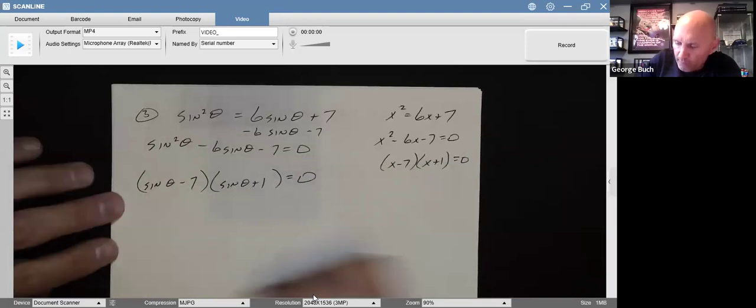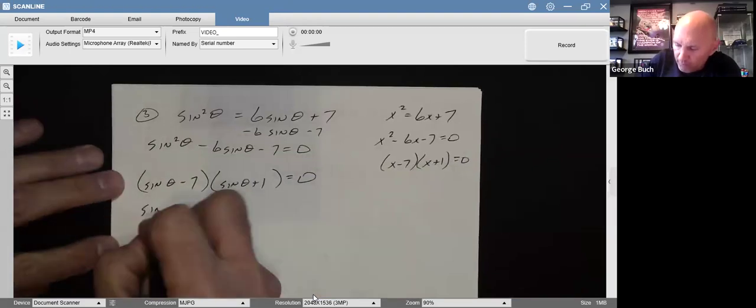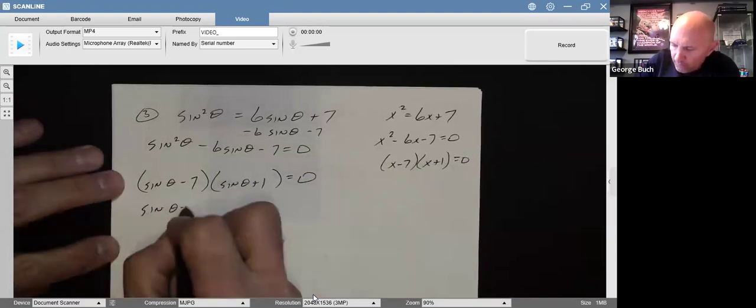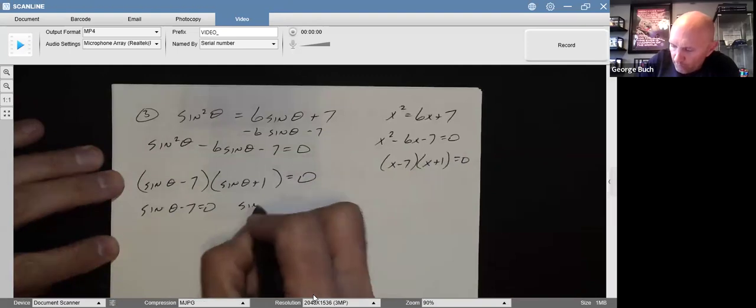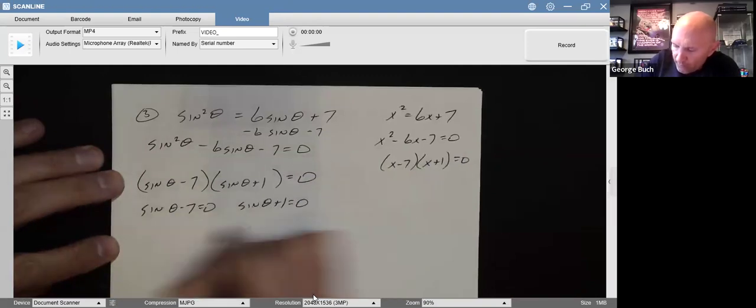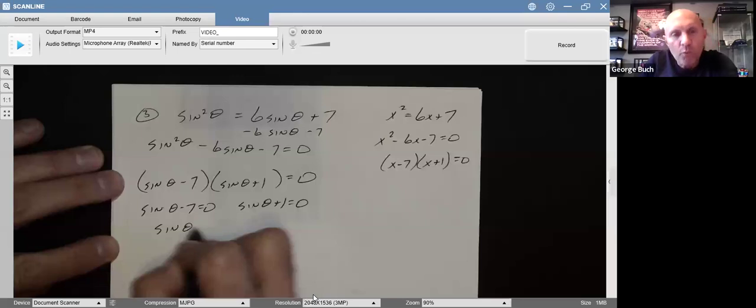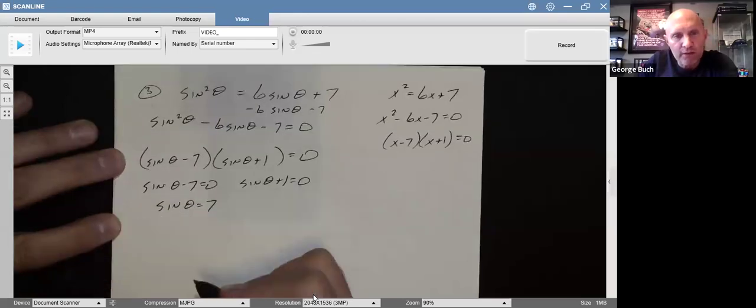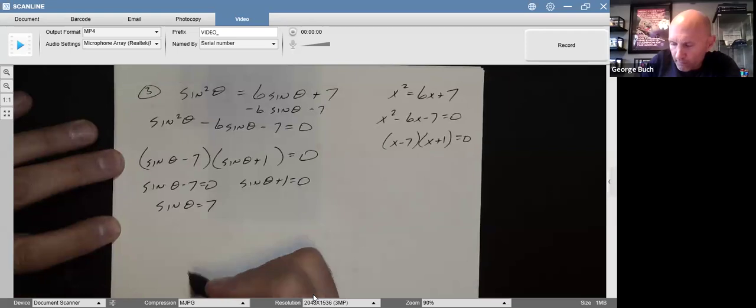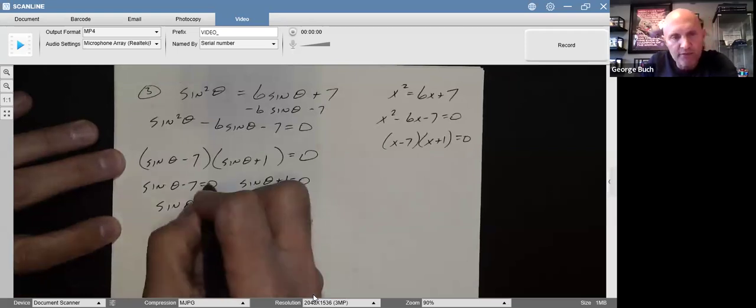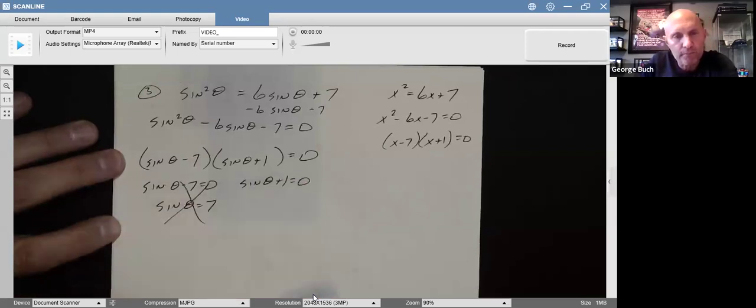And now by zero property rule, sine of theta minus 7 is 0. Sine of theta plus 1 is 0. So sine of theta is 7. Well, where on the unit circle is sine equal to 7? Nowhere. So this whole one doesn't give me any solution to it.